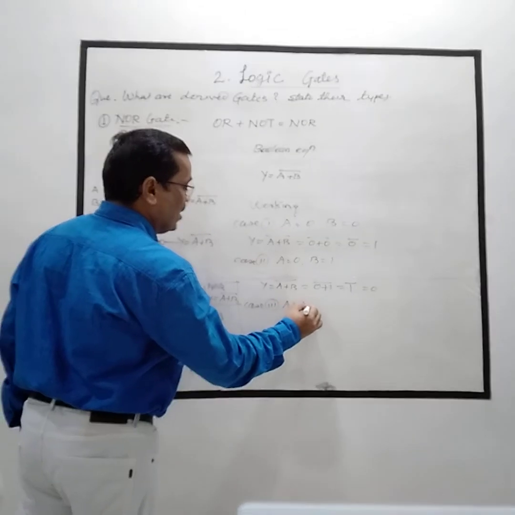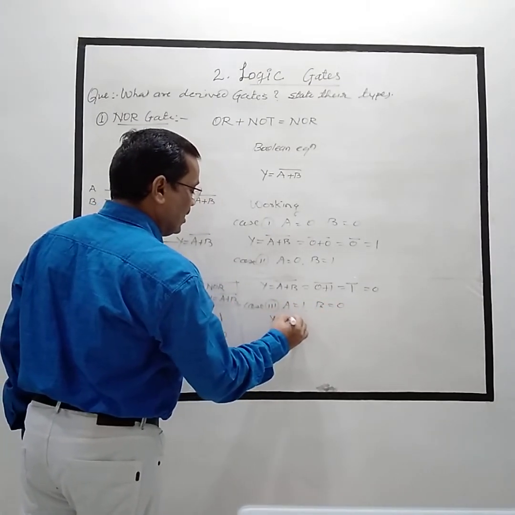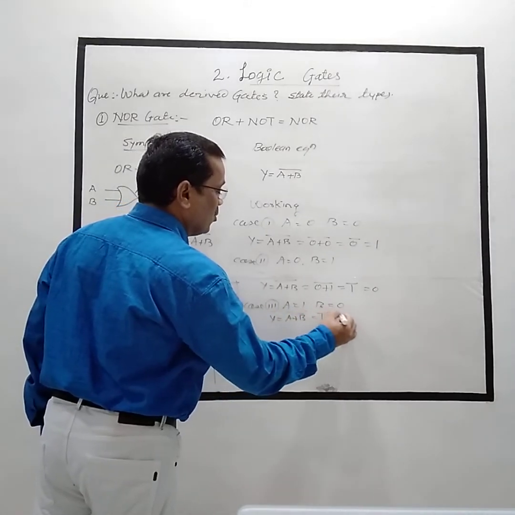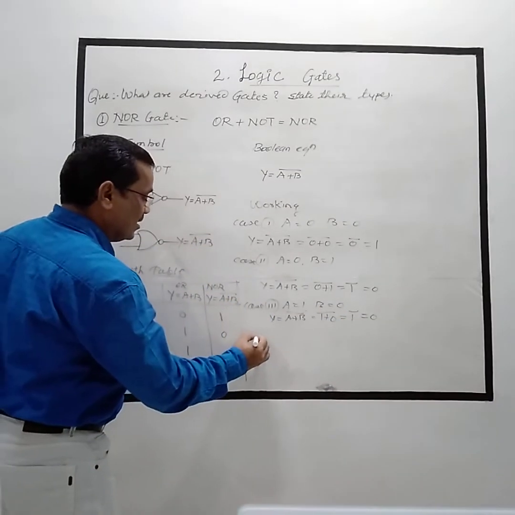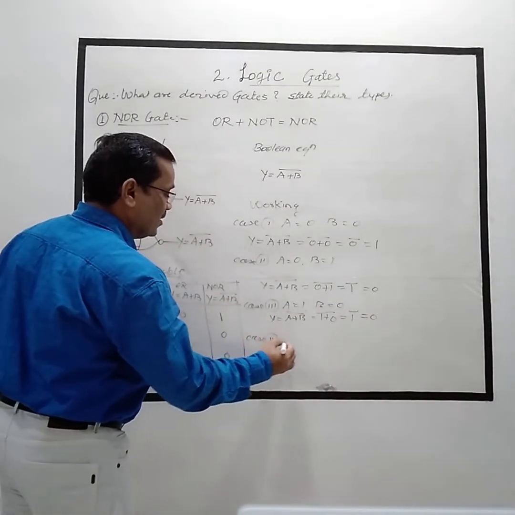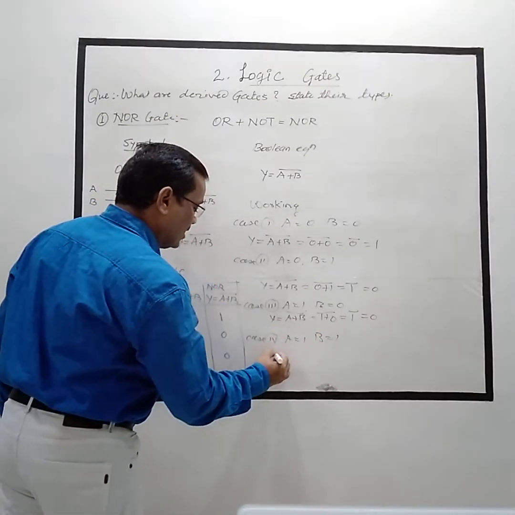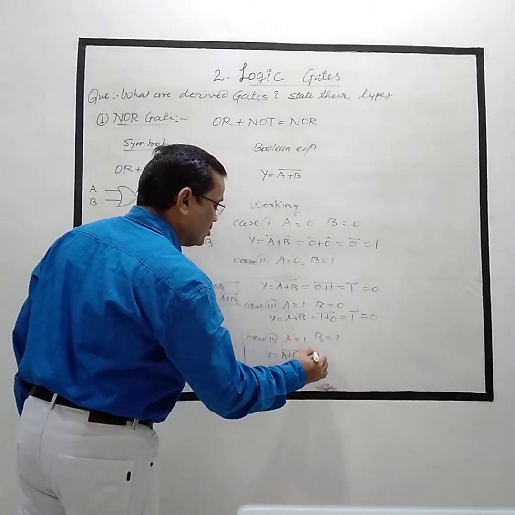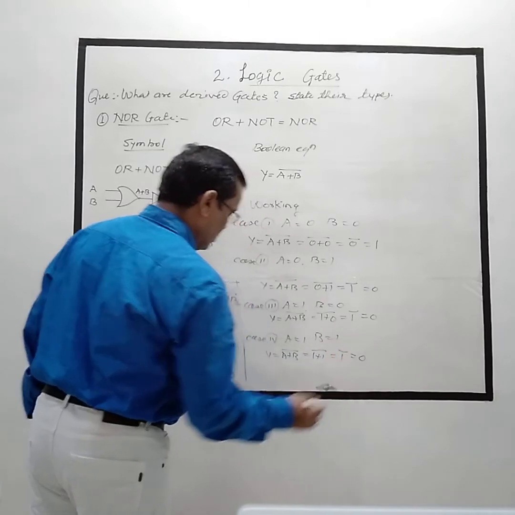A is equal to 1, B is equal to 0, Y is equal to (A plus B) whole complement, (1 plus 0) whole complement is 1 complement, which is equal to 0. Last, case 4. A is equal to 1, B is equal to 1, Y is equal to (A plus B) complement, which is equal to (1 plus 1) complement, 1 complement, which is equal to 0.